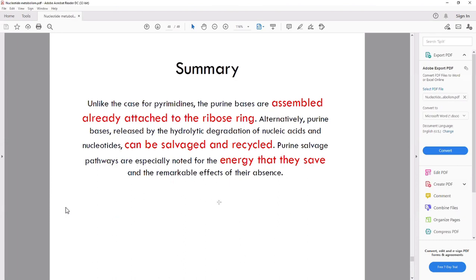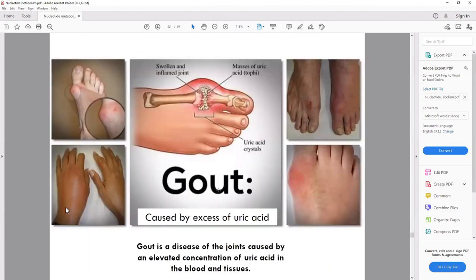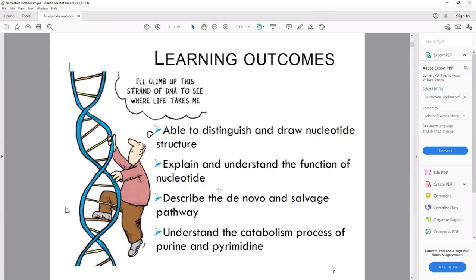Now we have completed this topic. This is the learning outcome.